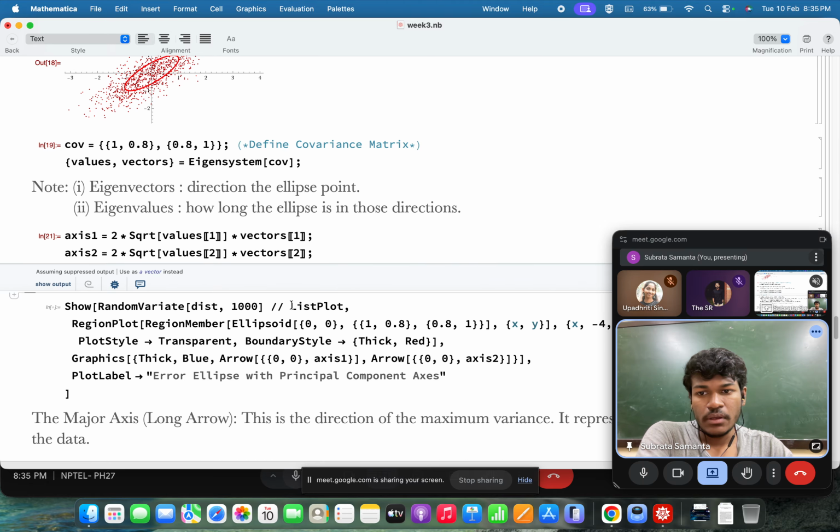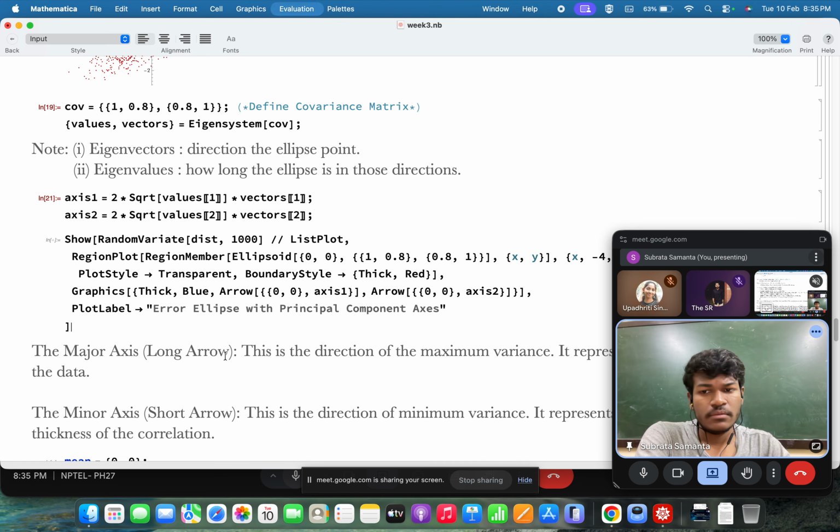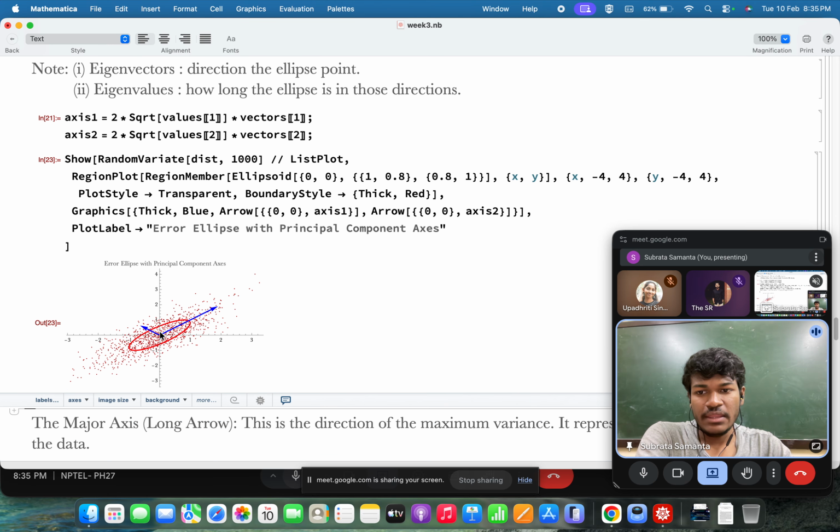Now if you plot this, you see that in this direction you have a large eigenvalue, and in this arrow there is a small eigenvalue. So there are two eigenvalues. The length of the arrows represents the eigenvalues, and the directions are the eigenvectors.